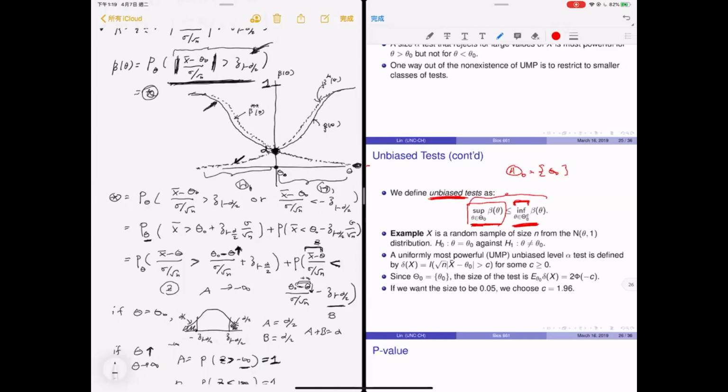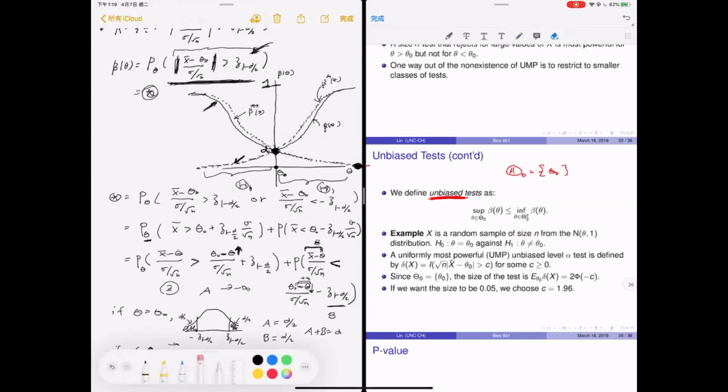Using this criterion, I can rule out that lousy test, because my supremum under the null hypothesis, alpha, is bigger than my minimum power in the alternative space. So this inequality is not satisfied by my lousy test. You guys see that? So for the lousy test, this is alpha, this is 0, and alpha is not going to be smaller than 0.